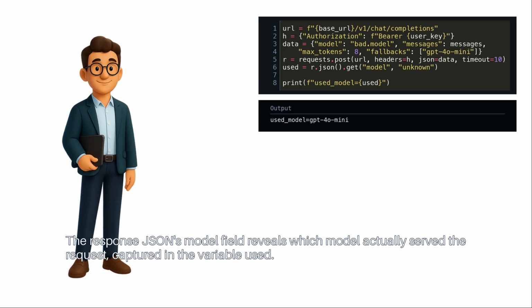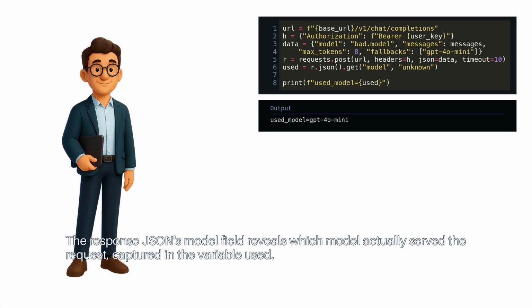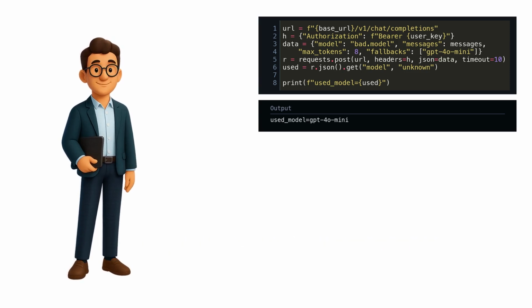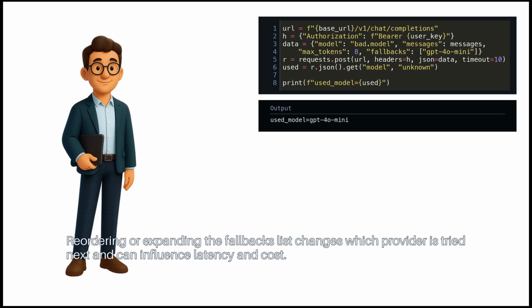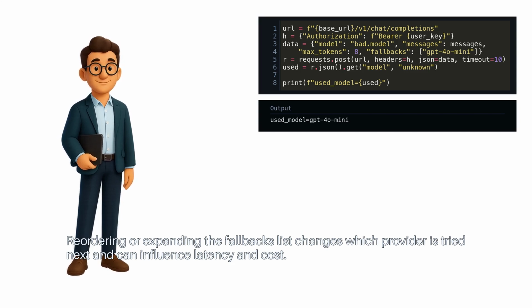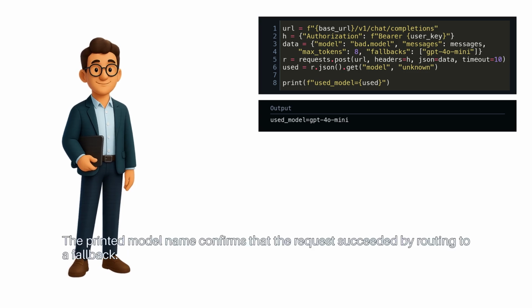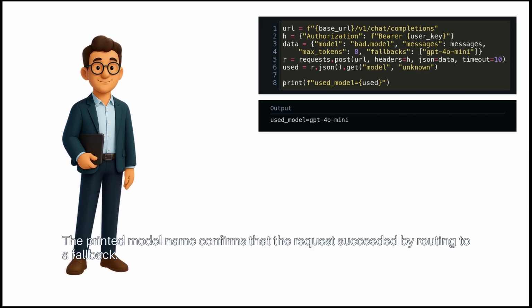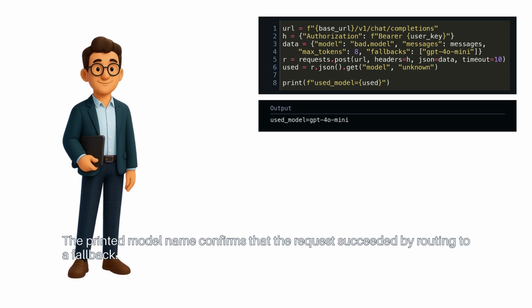The response JSON's model field reveals which model actually served the request, captured in the variable used. Reordering or expanding the fallbacks list changes which provider is tried next and can influence latency and cost. The printed model name confirms that the request succeeded by routing to a fallback.